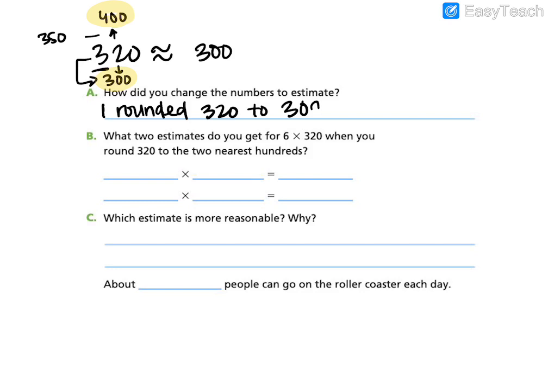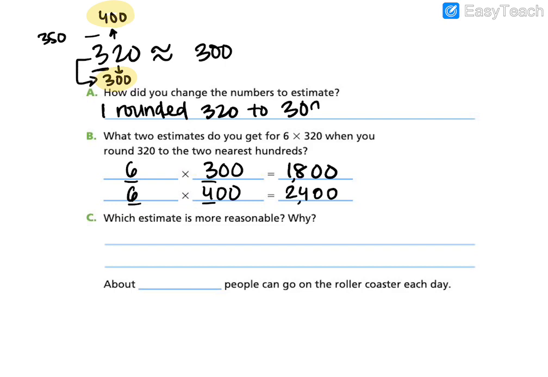So what it's asking us to do is just find another check to see if our answer is reasonable. So we already did 6 times 300. 6 times 3 is 18, so 6 times 300 is equal to 18 hundreds. Then 6 times 400, 6 times 4 is 24, so 6 times 400 is equal to 24 hundreds.